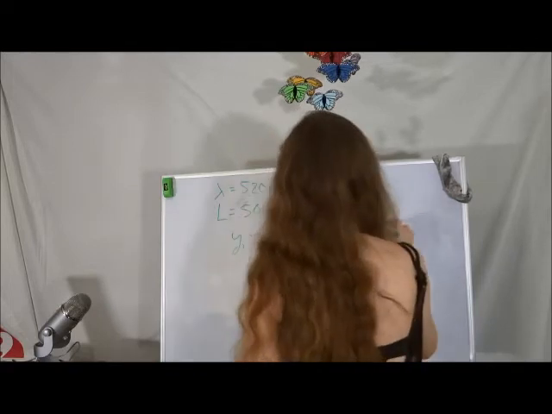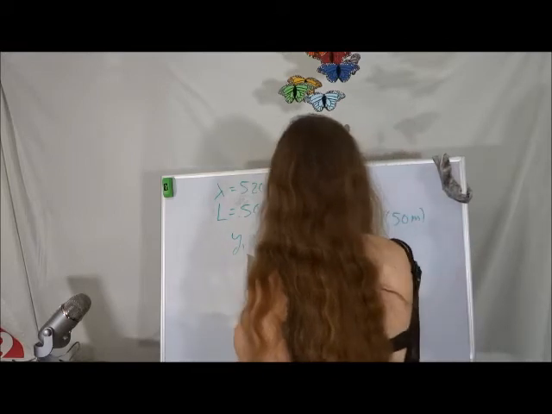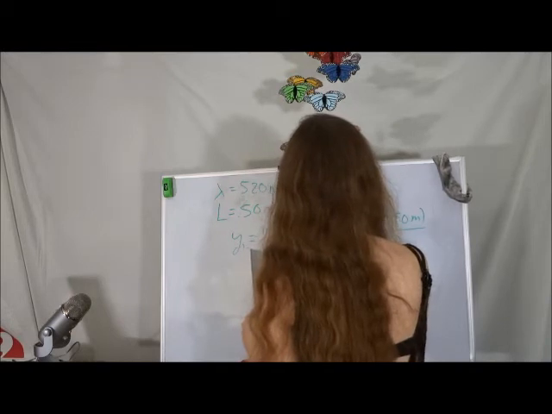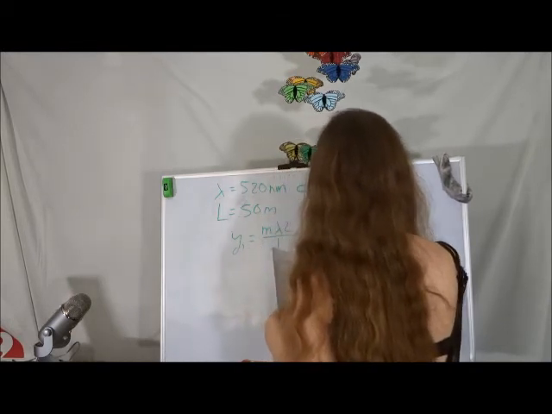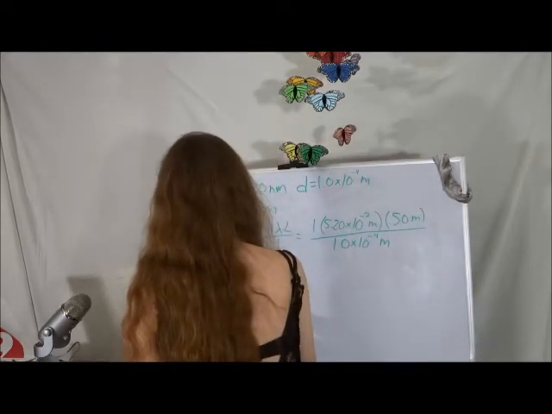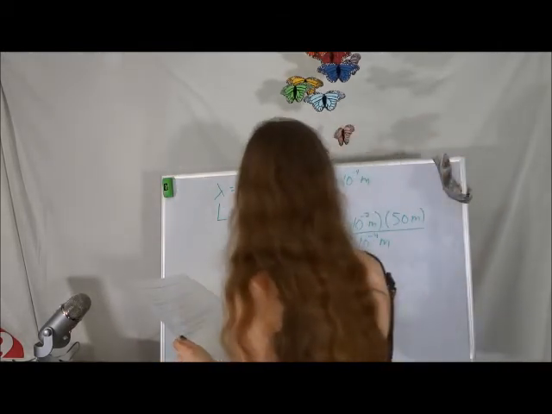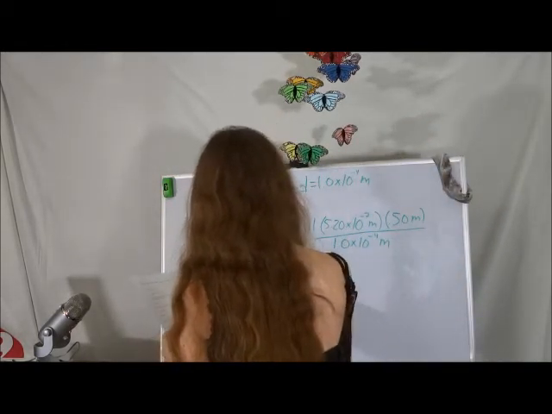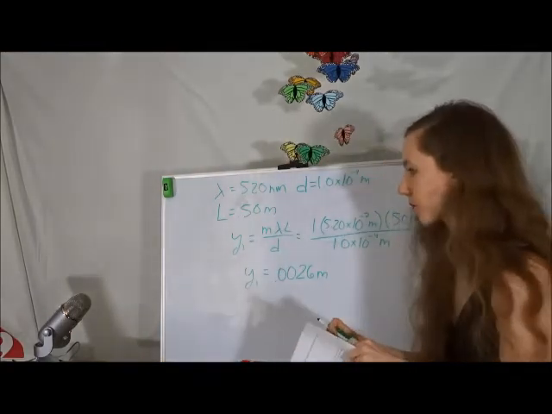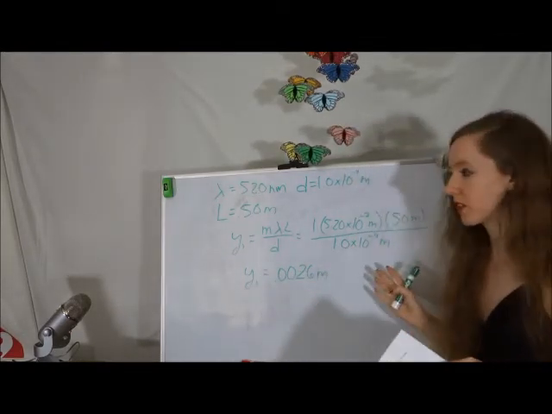Now our length we said was 0.50 meters. And we're going to divide through by our separation distance, so 1.0 times 10 to the minus 4 meters. So if we plug this into our calculator, we're going to get that y sub 1 is equal to 0.0026 meters to 2 sig figs. So are there any questions on this example?